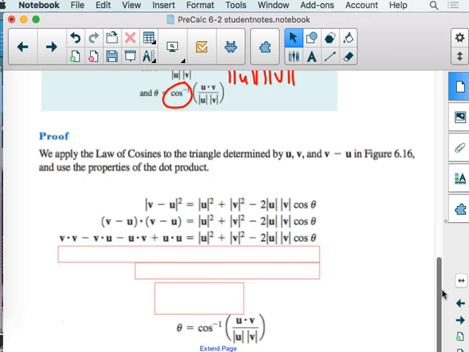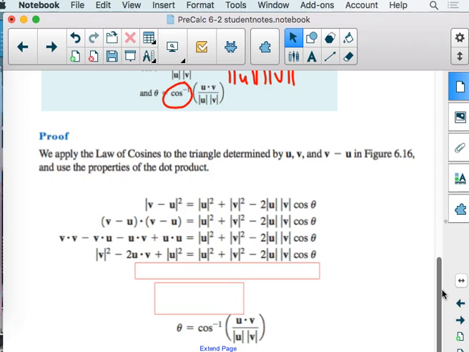So we would get v squared minus uv minus uv, so 2 of those, plus u squared. So we write that as the magnitude of v squared minus 2 uv plus the magnitude of u squared. Now hopefully you see, hey, that's a good thing, because we could subtract the magnitude of v squared and the magnitude of u squared from both sides.